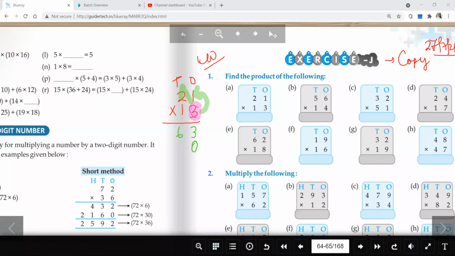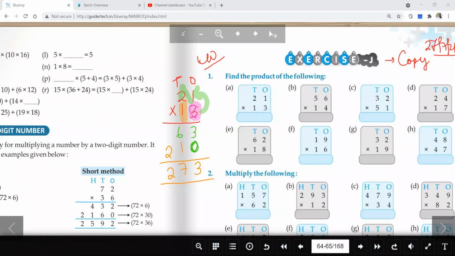Next, below the 3, we will put 1, 0. Now here what will we do? Our task is to multiply with 1, and again 21 from the ones place we will multiply. Now what will be the answer? Here the answer will be 21. So 3, 7, this will be the answer.